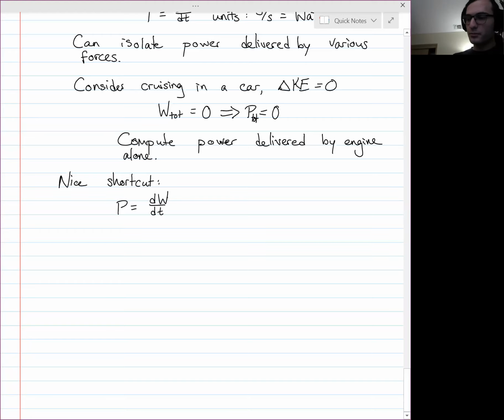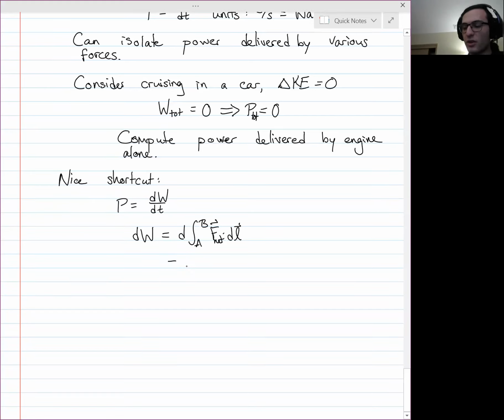And so what does dW actually mean? dW is just the d of an integral, F dot dl. The whole point here is that if you take the derivative of an integral, you just get the thing back again. So the d of this integral is really just F net dot dl.